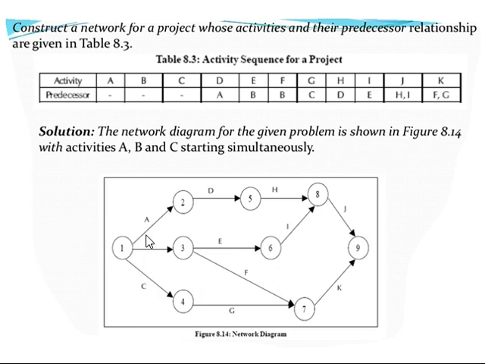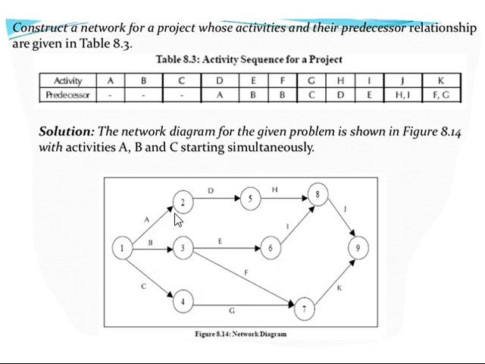That means before these three activities start, there is no other activity behind them. For all of A, B, C, we have used a common node, starting node 1, as an input node. Node 1 is a common input node for activity A, activity B, and activity C.